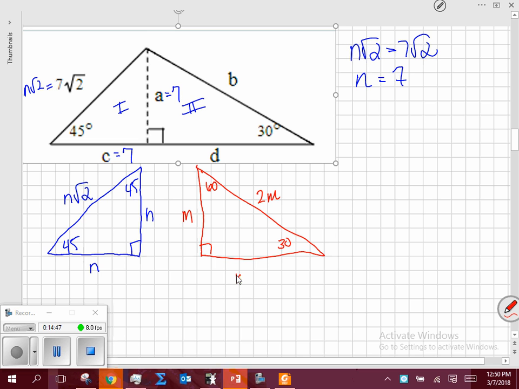And this would be M radical 3, right? So now, with the 30, 60, 90 triangle, that there and that are going to overlap. So M is 7, so does that make this here 14? Okay. And now this distance here would be m root 3. So m was 7, so 7 root 3 would be that distance.